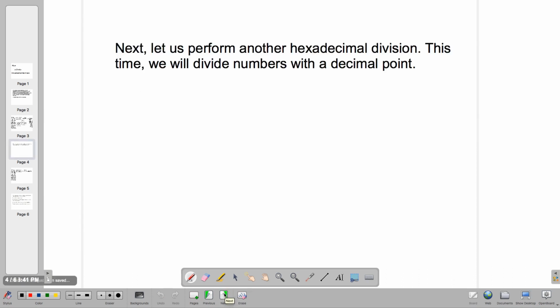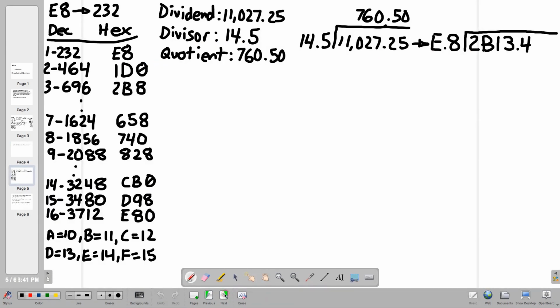Next, let us perform another hexadecimal division. This time we will divide numbers with a decimal point. Okay, we're back once again. So for the dividend, we have the value 11,027.25.